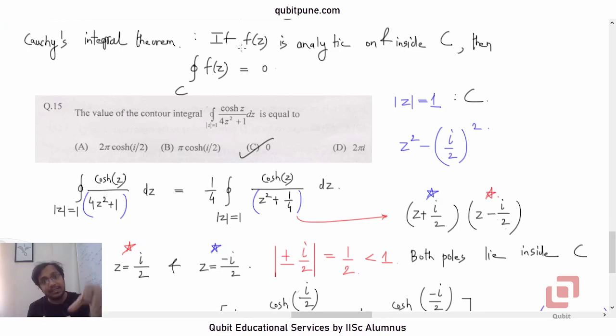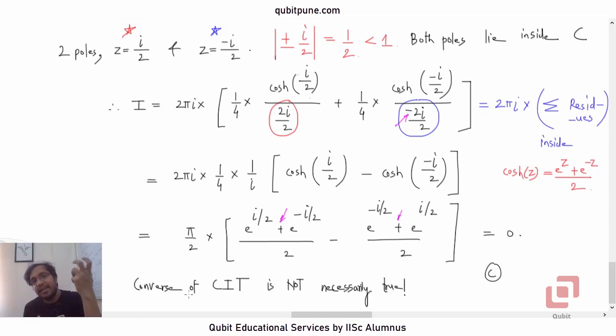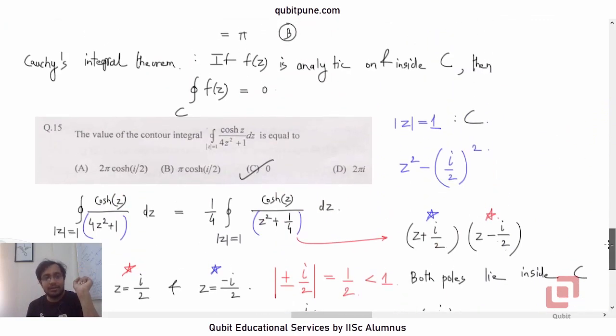So the converse of Cauchy's integral theorem is not necessarily true. That is our learning from this example. And that's the important part. Indirectly they may test you in the exam whether you know this fact, that the converse of Cauchy's integral theorem is not necessarily true. So that was question 15.